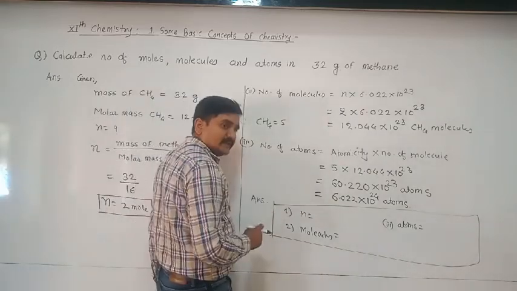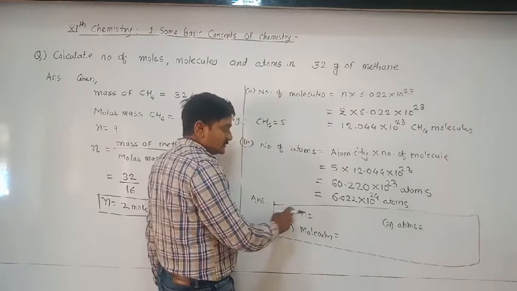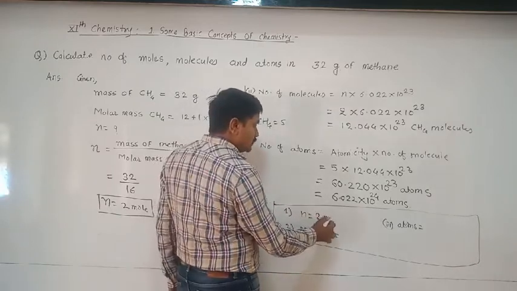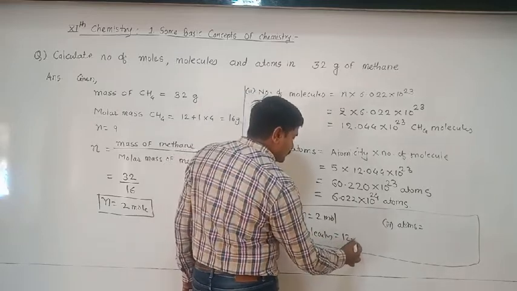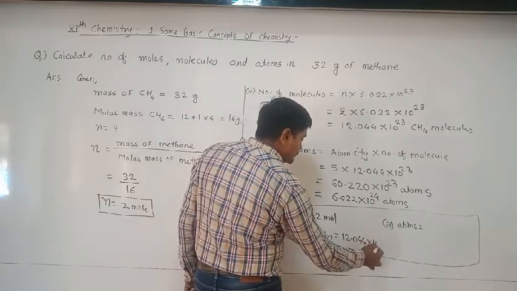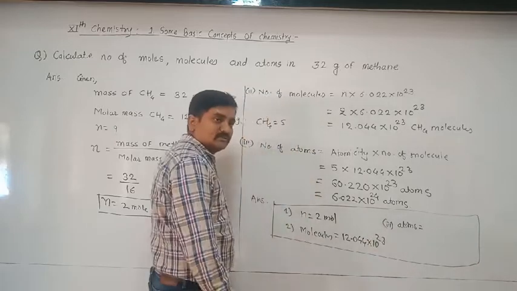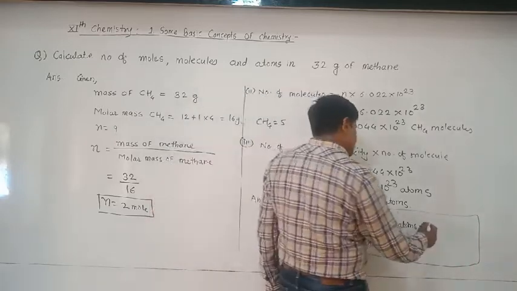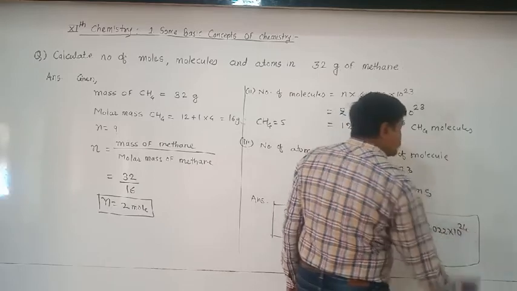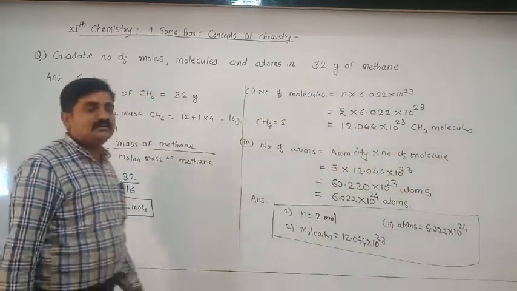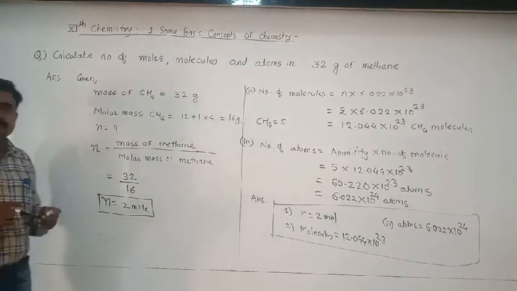Make a 1 in square bracket. First, number of mole, 2 mole. Molecules, 12.044 into 10 raised to 23 molecules of methane, and atoms, 6.022 into 10 raised to 24 atoms. Right? Okay. So write down.